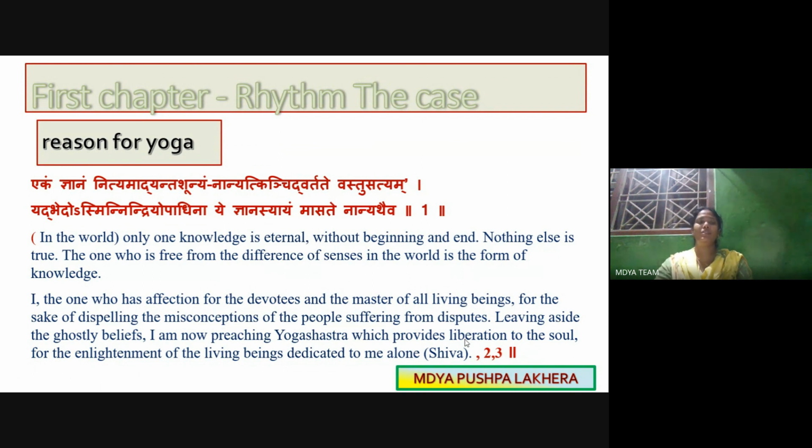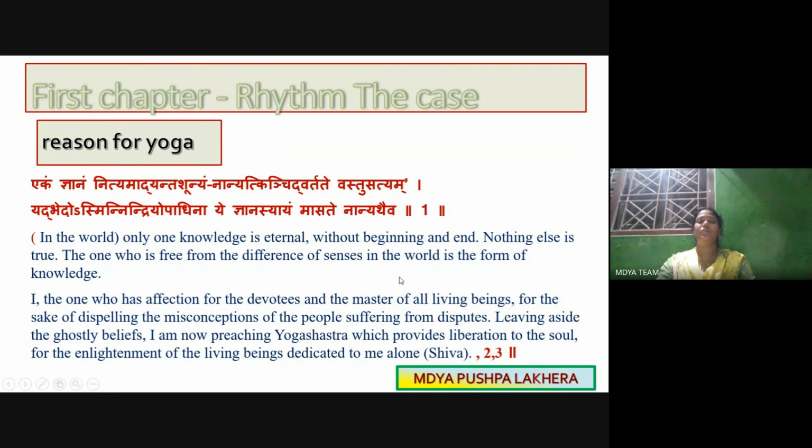Who is clarifying here? Lord Shiva. So leaving aside the ghostly beliefs, I am now preaching Yoga Shastra, which provides liberation to the soul. Whatever the beliefs are, they are all wrong, and you must leave them. All the matas. Whatever I am telling you, just follow that.